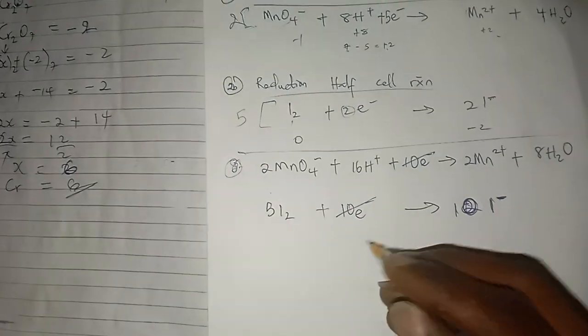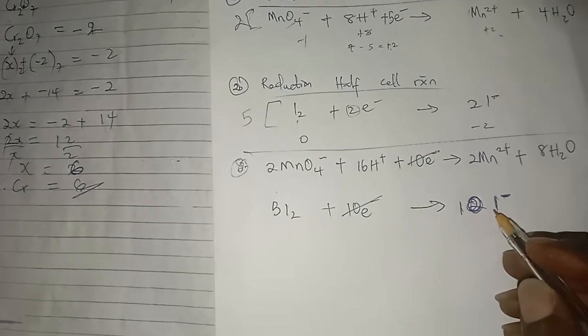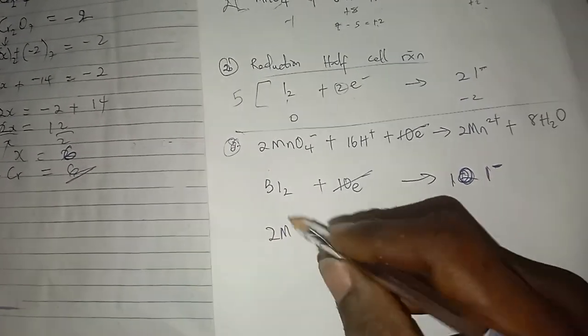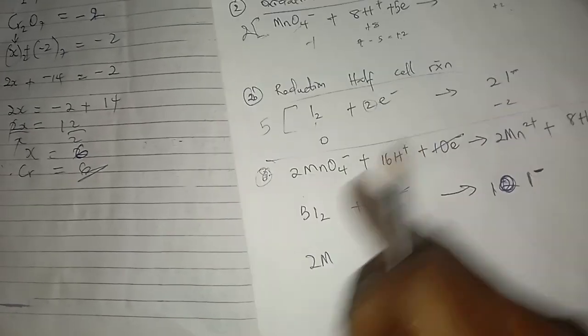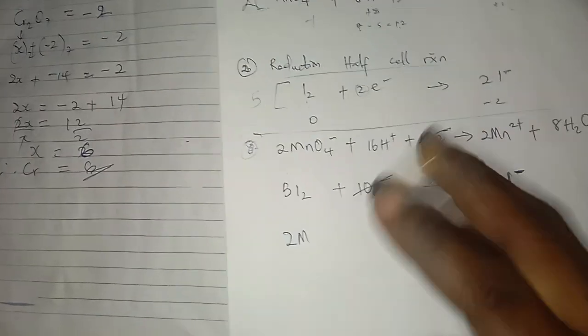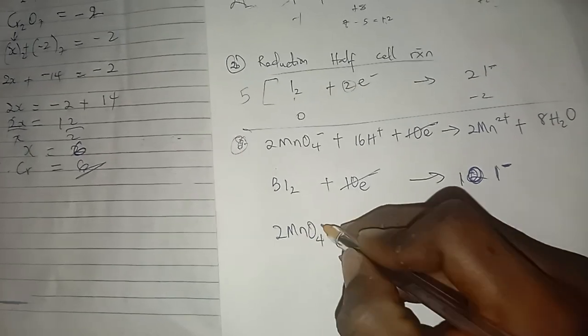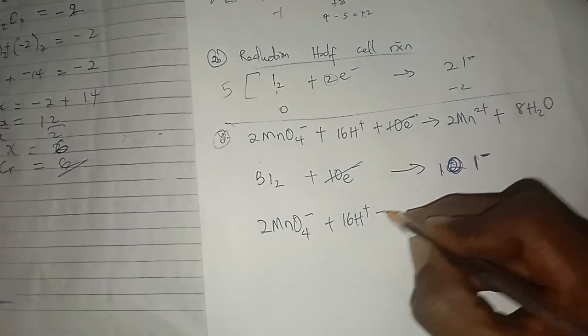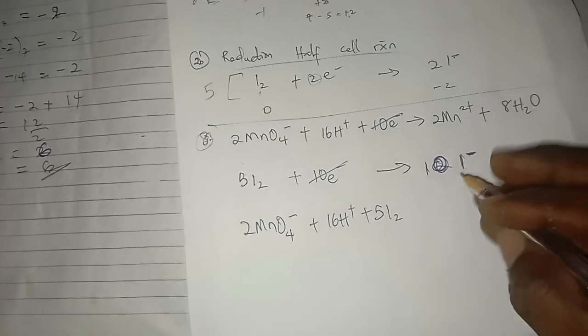So that I now have 2Mn, then combining everything here with what is here. So I now have 2MnO4 minus plus 16H plus 5 iodine.